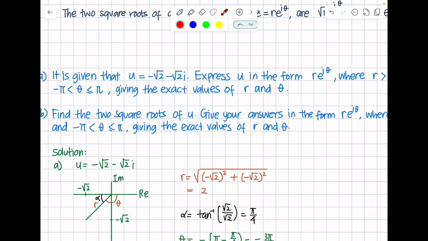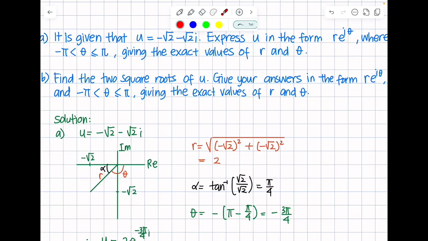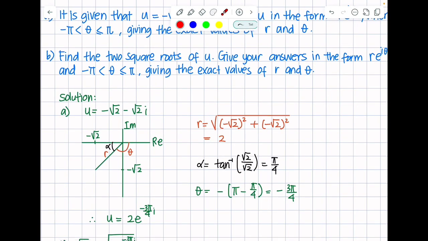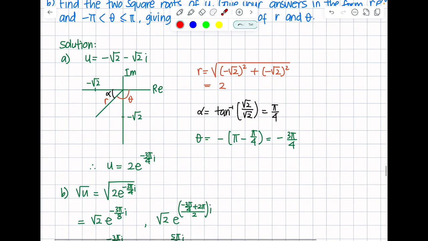Remember to draw u in the Argand diagram first. Since u is in the third quadrant, the method to find the argument is finding the smaller angle first, and then theta is negative, open bracket, pi minus the basic angle or the smaller angle. Then we get negative 3 pi over 4. And then u is 2 e to the power of negative 3 pi over 4 i.